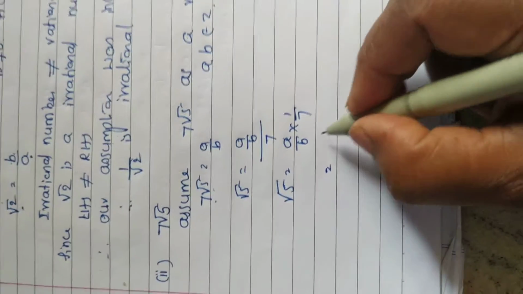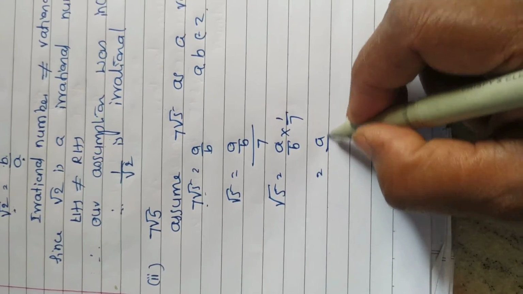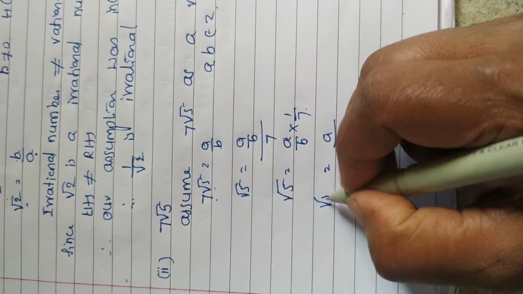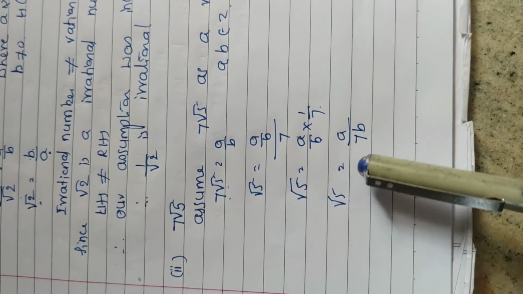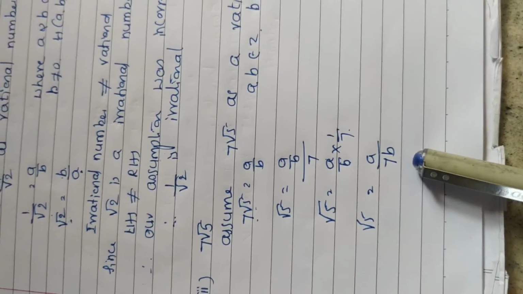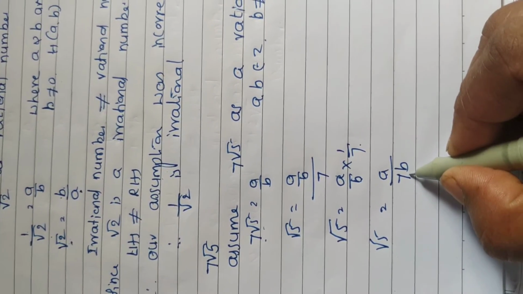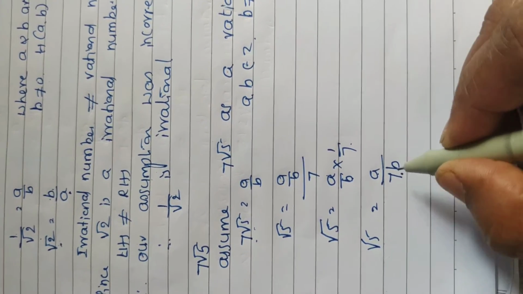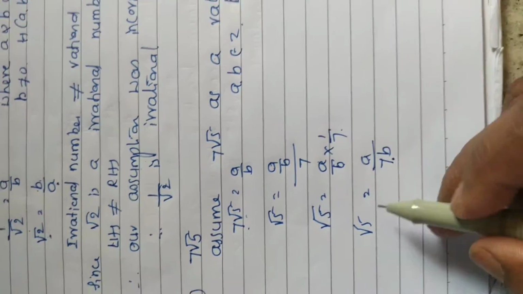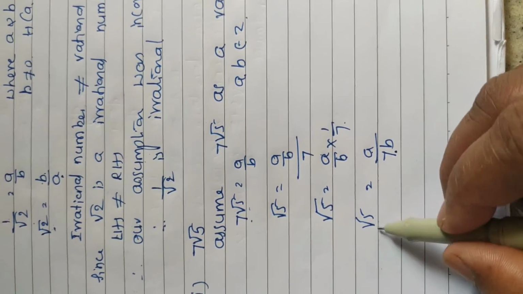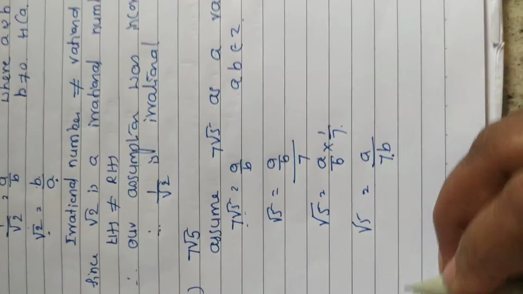That is a into 1, which is a, divided by b into 7, which is 7b. We get root 5 is equal to a by 7b. So a by 7b is a rational number, but root 5 is an irrational number. It is already proved that root 5 is irrational.